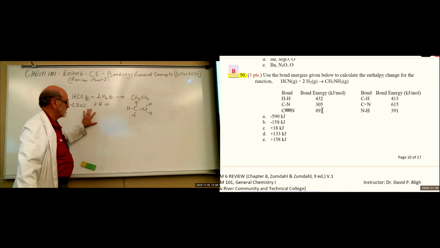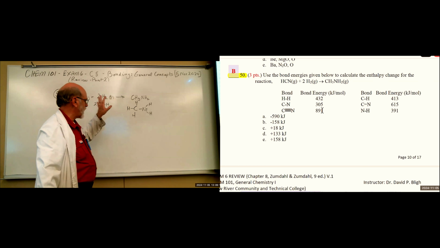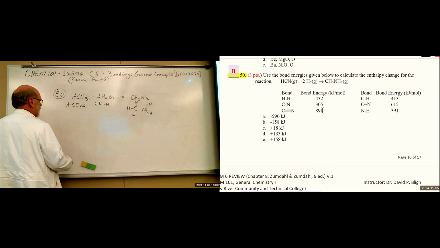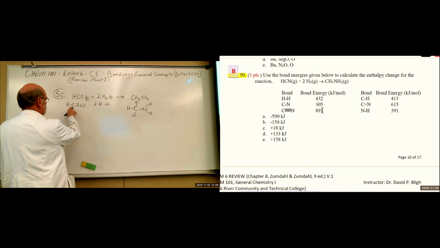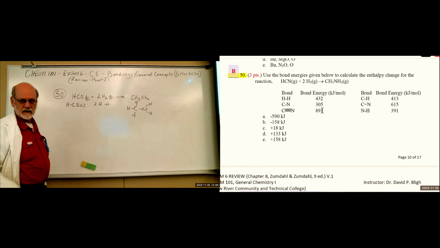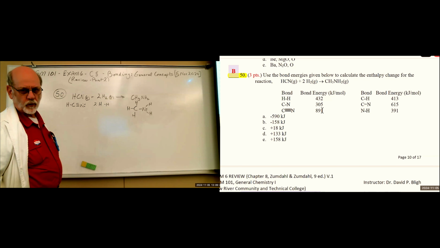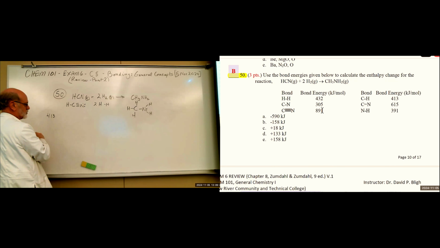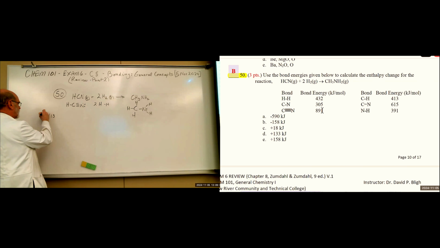We take these, total them up, and subtract those. So we're going to have hydrogen carbon. Hydrogen carbon is what? 413. And this is in kilojoules, so I'm not going to write those numbers in.